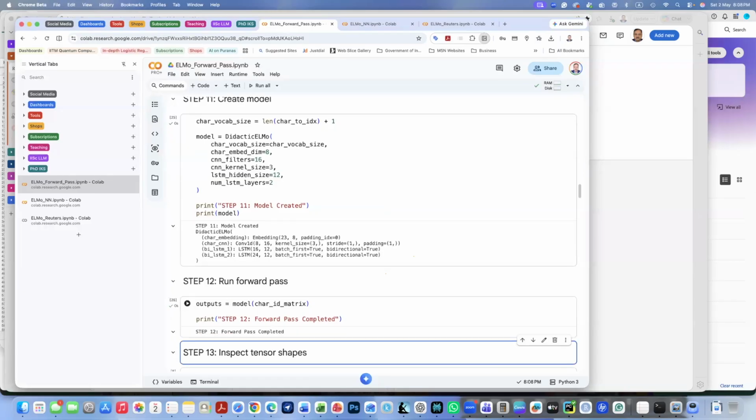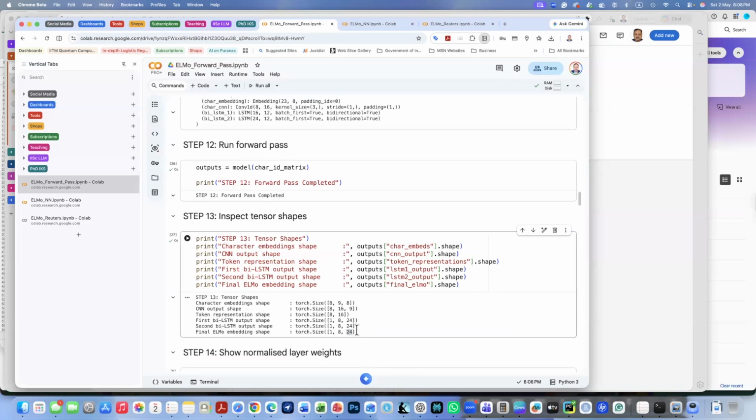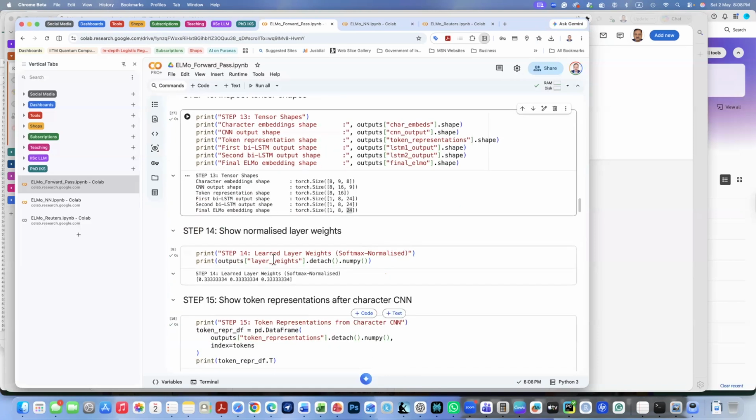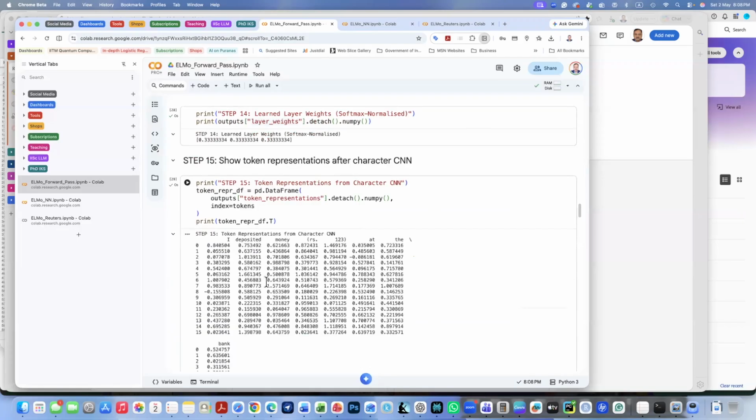So the forward pass is completed. Now you see here, I've got a 24-element output in the final embedding. Let me show you the output so that you understand.